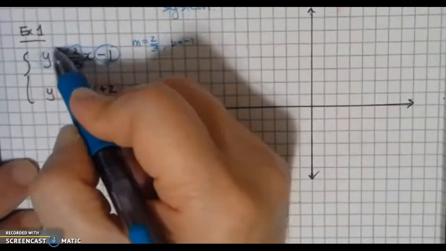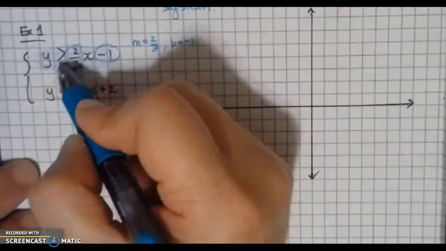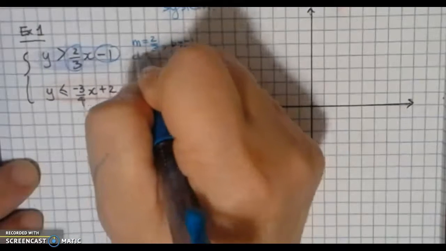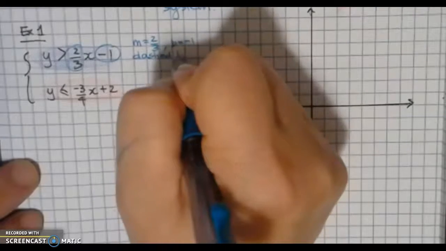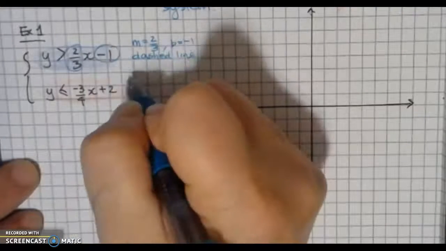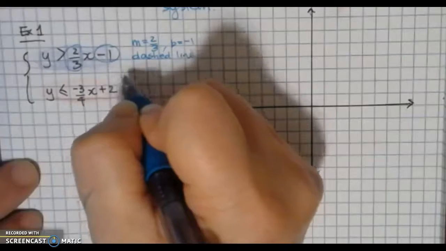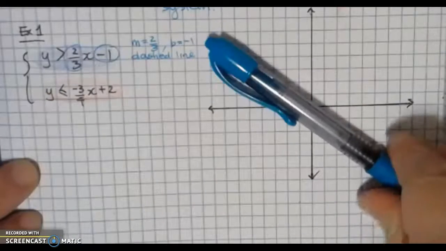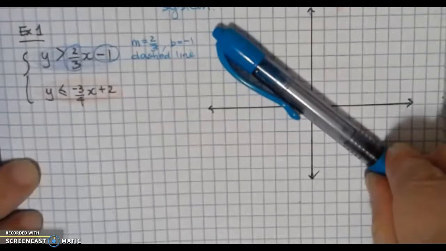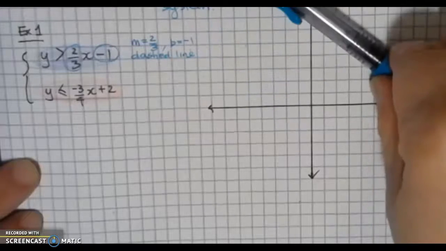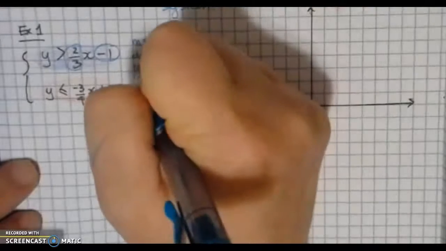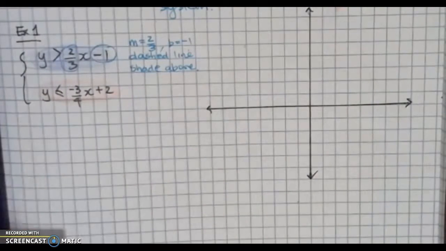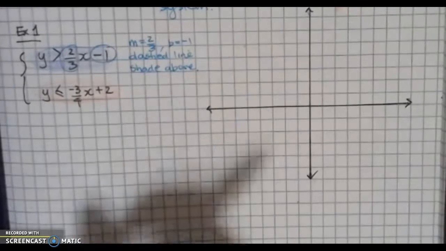This inequality says greater than, there is no equal sign here, which means the line is not part of the solution, so we're going to use a dashed line. Are we going to shade above or below? Y is greater than, and for y to get bigger, we need to go above. So we're going to shade above.